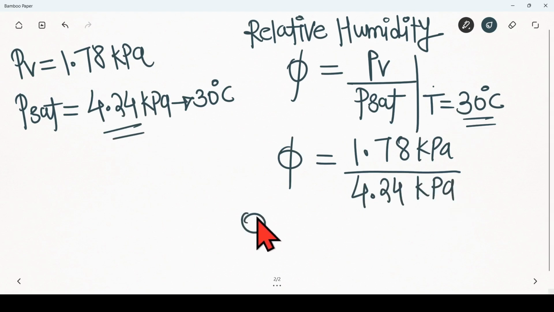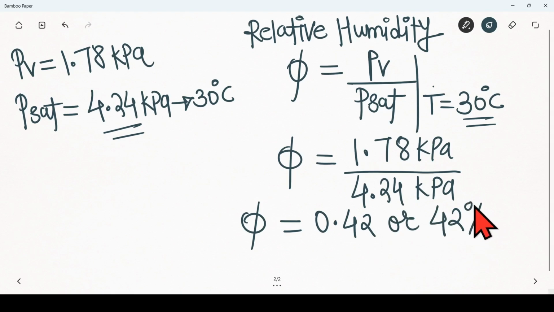So from this, relative humidity is equal to 0.42, and in percentage it is 42%. So the room air is at 42% relative humidity.